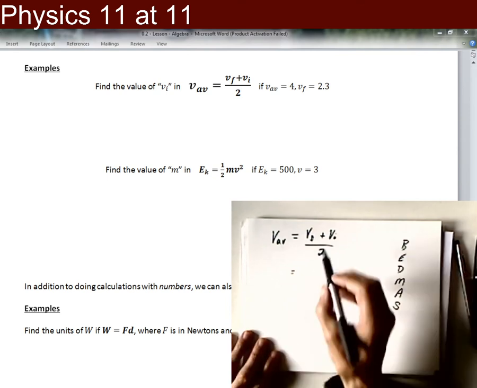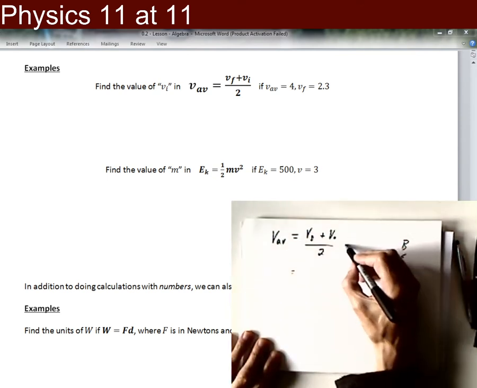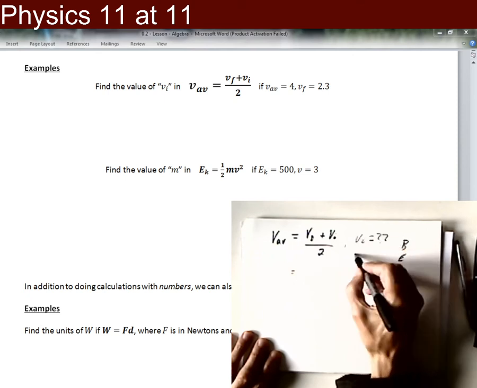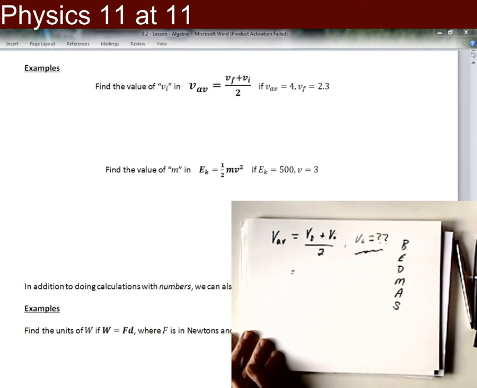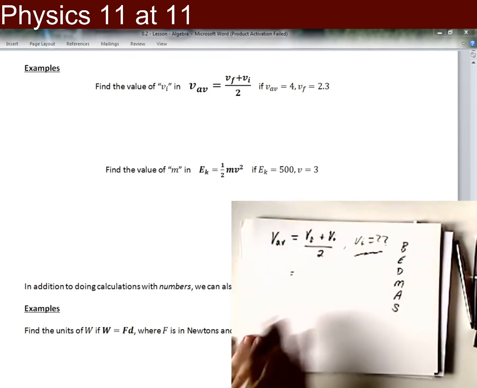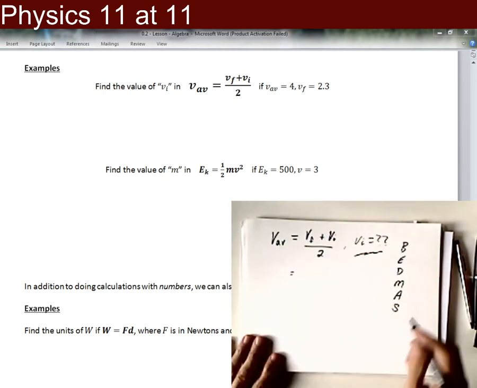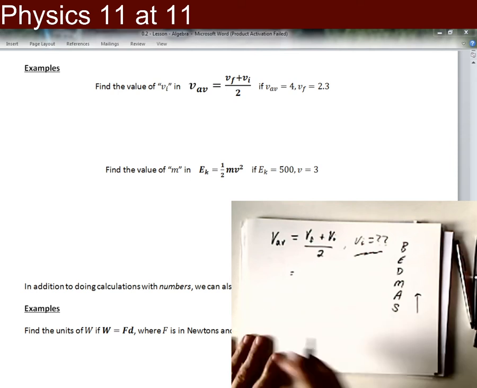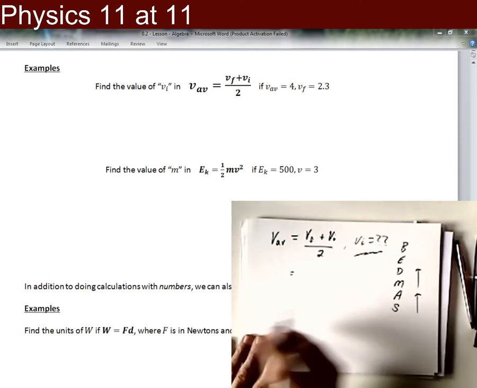So the goal is to get VI by itself still. So because there's a whole bunch of letters, let's make it clear the one that we're going for. VI is equal to what? You can even do that with the numbers, but it's just a bit more obvious then. Now this extra help could be useful. Okay, but still, because we're solving, we're going to start at the bottom, BEDMAS backwards. All right, adding or subtracting? No. Any multiplying or dividing?